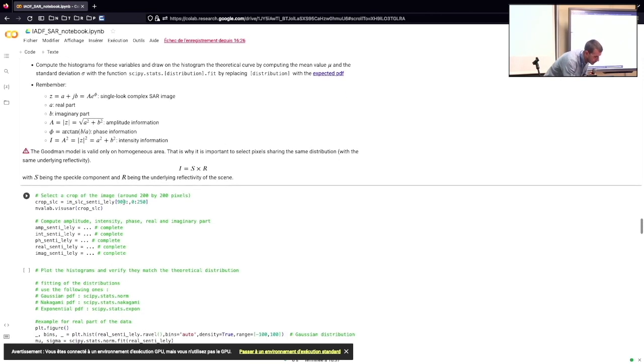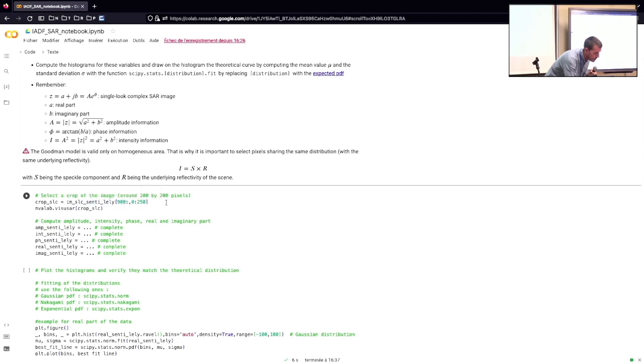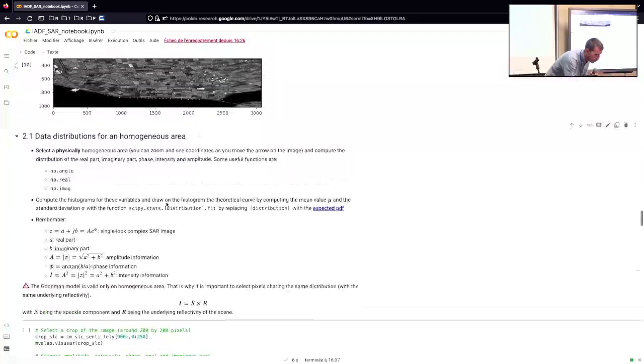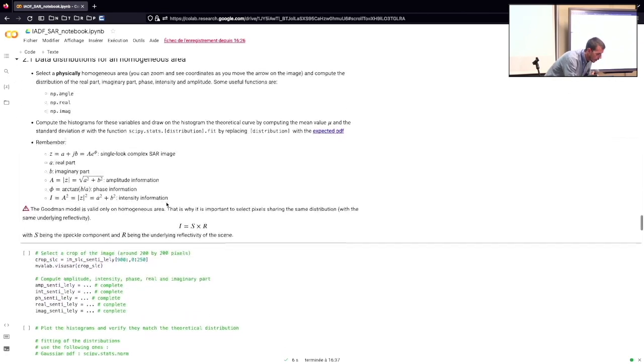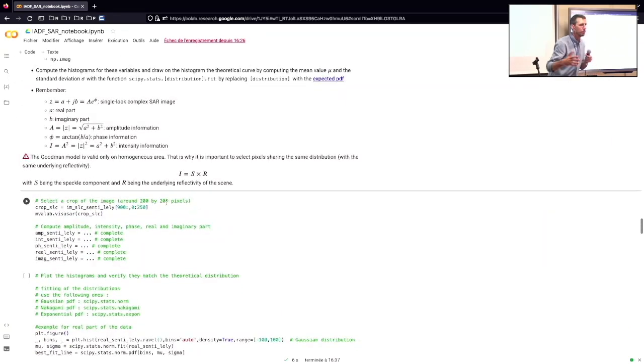So I have selected here a homogeneous area on the water part of the image, but if you want to select a different area, for instance on an agricultural field, feel free to do so, provided that the area is big enough so that you can fit some distribution. Do not select an area of 4 by 4 pixels, otherwise you cannot look at the histogram.